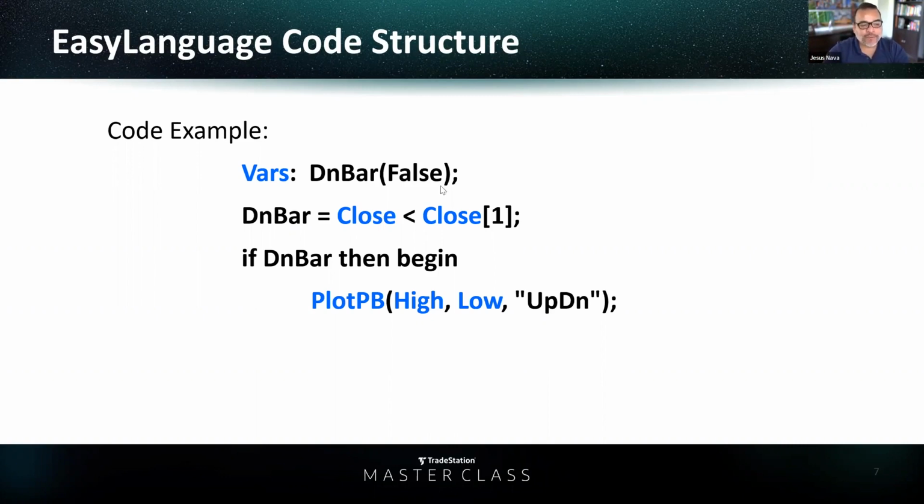And then, what you see right here with the quotation marks, that's just a label, a user created label. Like, for example, if you want to identify that plot statement, and this is up, down, then you can just put in a label. This is optional, by the way. This is just creating labels for your plot statements, so that if you have an indicator that has multiple plots, and I'll give you an example, MACD has 3 different plots.